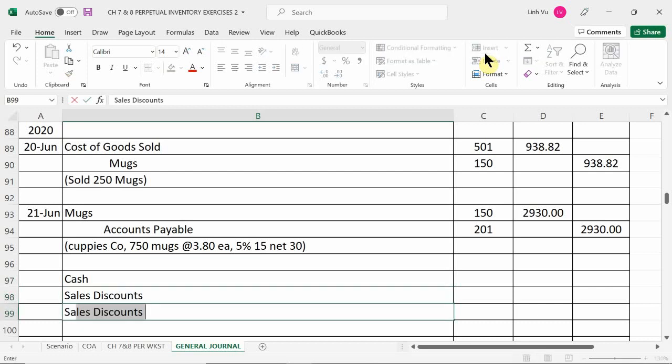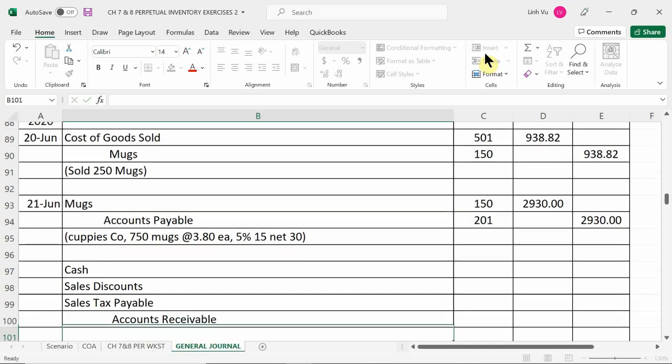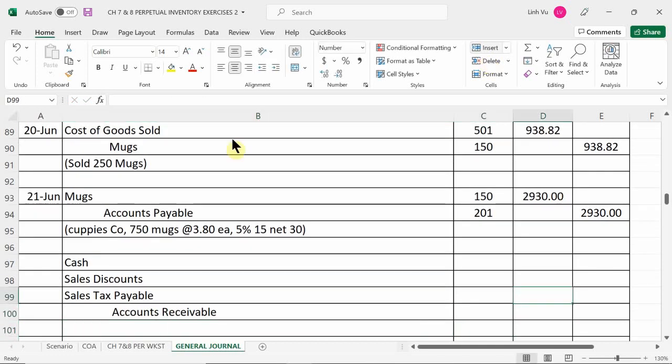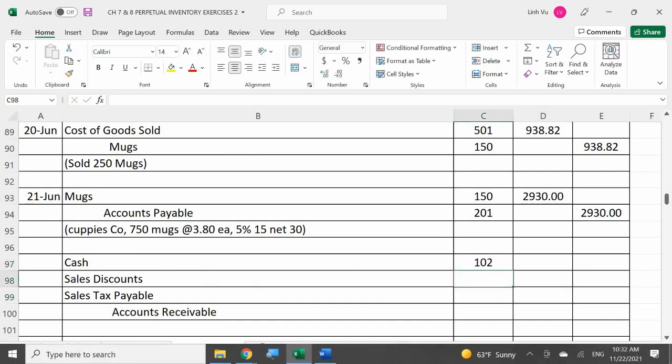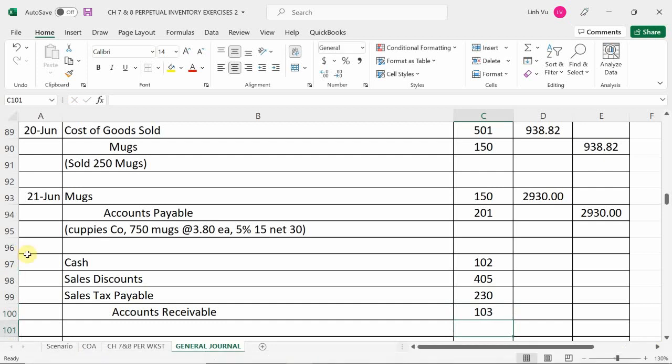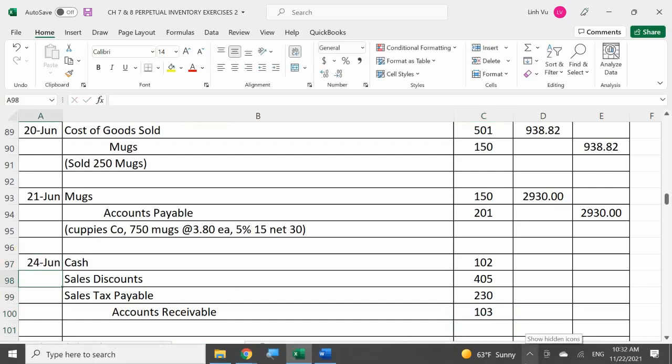And of course, we have to give back some of the sales tax money. And last but not least, he's going to be reducing his account because he's making a payment for it. So accounts receivable. So once again, we have cash, sales discounts, sales tax, and accounts receivable. So this was on the 24th of June.